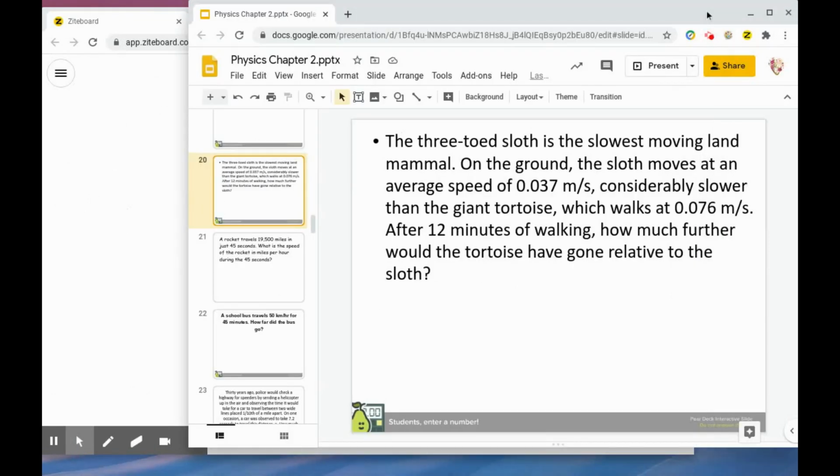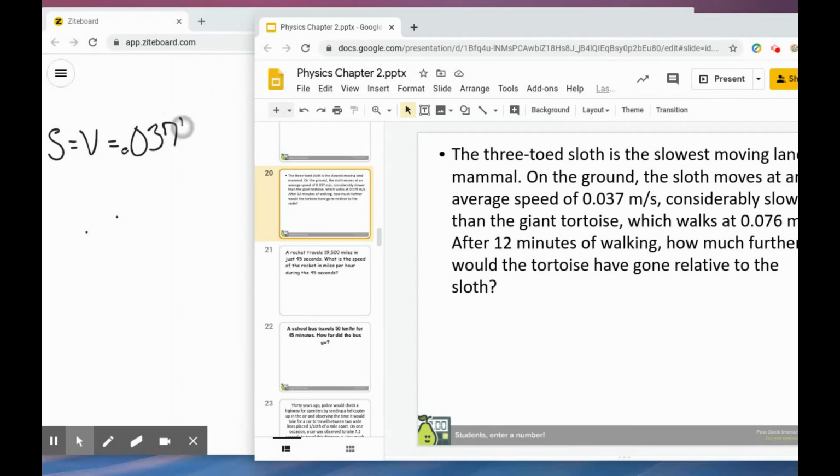In this next problem, we have a three-toed sloth, the slowest moving land mammal, and it has an average speed of 0.037 meters per second. So the sloth has a velocity of 0.037 meters per second.